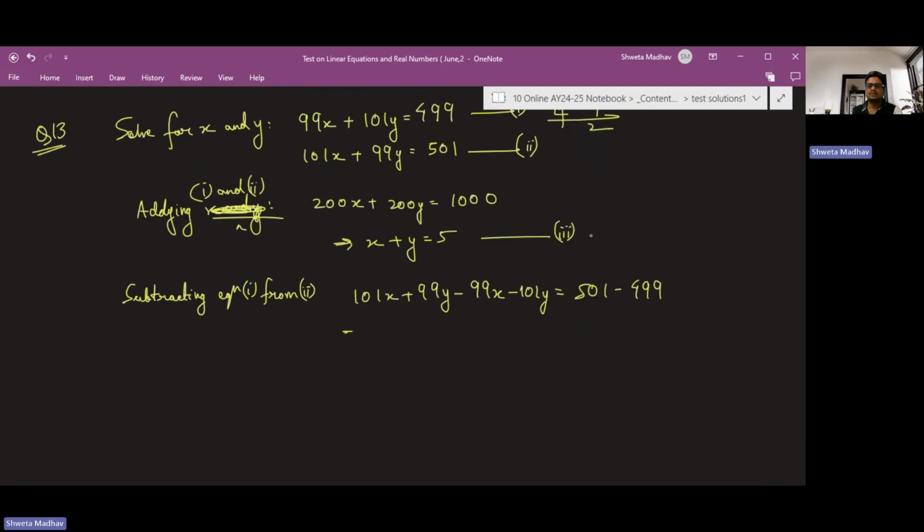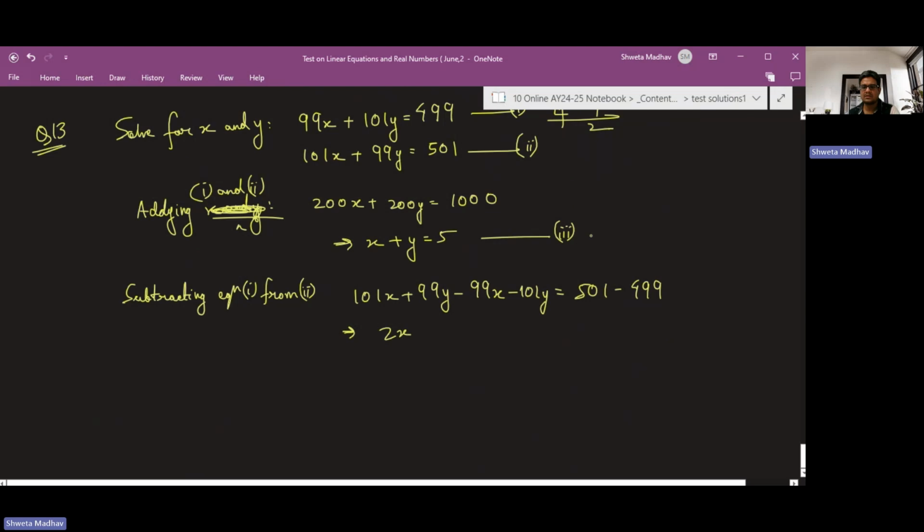So this will be 101 minus 99, that is 2x, minus 2y equal to 2. So x minus y is equal to 1. This is our equation 4.